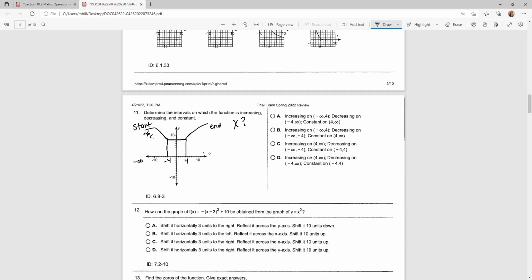It's going up again, so it's increasing on the interval from 4 to infinity. Okay, so C, increasing from 4 to infinity, decreasing from negative infinity to -4. So negative infinity to -4, -4 to 4. This might help some people, and 4 to infinity, increasing.